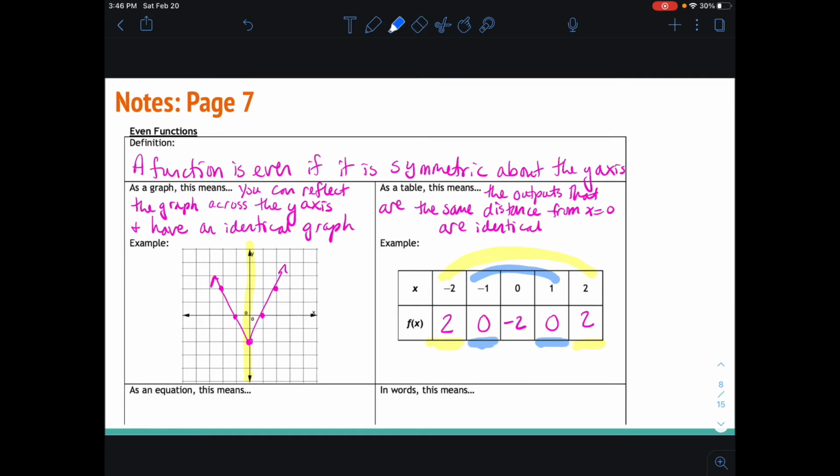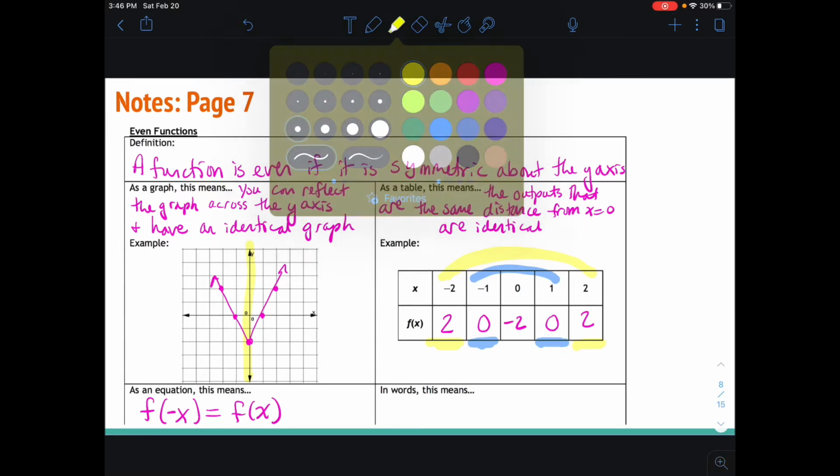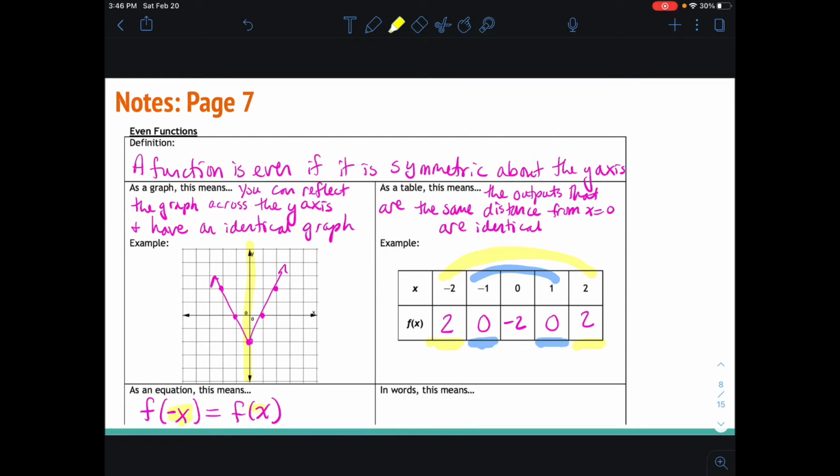Okay. So for an equation, what does this mean? So for the equation, it's saying f of the opposite of x is the same as f of x. Okay, notice that we see the opposite inputs. When I plug in x or the opposite of x, those two outputs are equal.